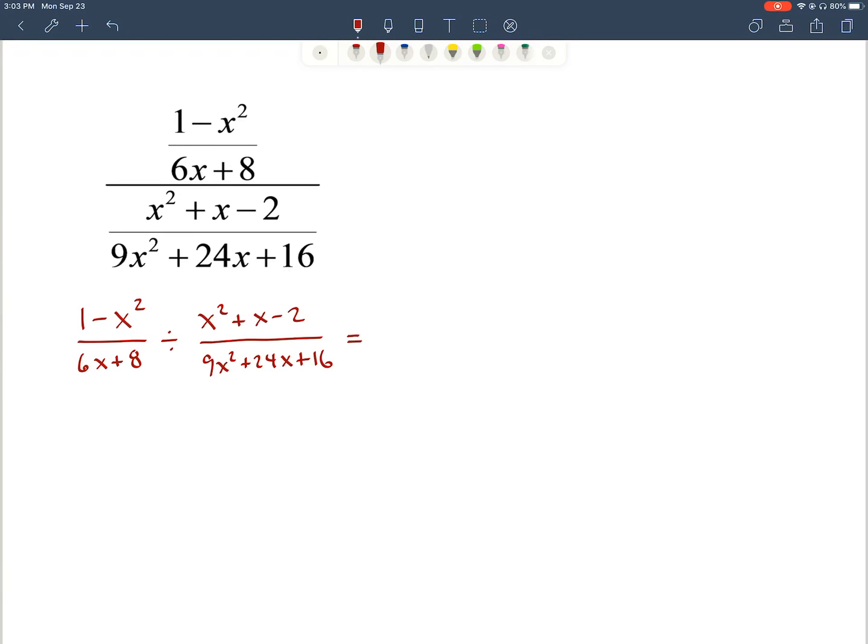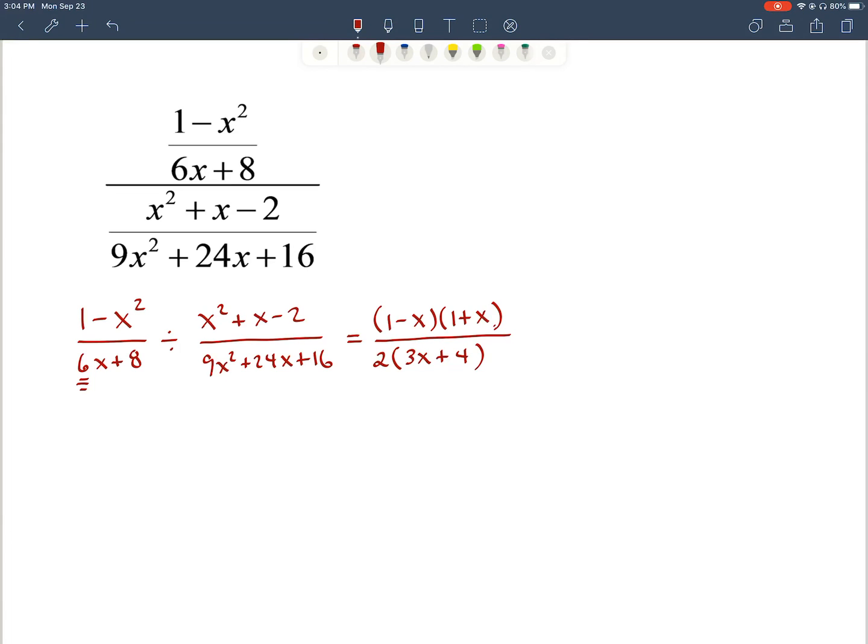All right, with this one, I'm going to go ahead and factor and flip it, change it into multiplication all at the same time. So the first one we've got is 1 minus x times 1 plus x. That's a difference of squares. In our denominator, we're going to have a common factor here of 2. So when we factor out that 2, we should have left over 3x plus 4.